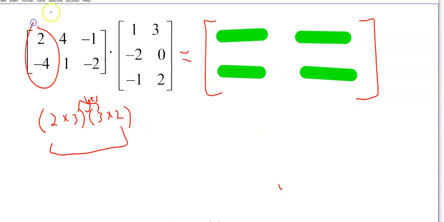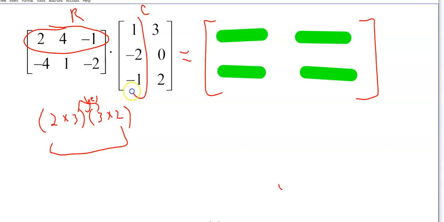Okay, so let's do this. You go row times column. So first item of the row times first. So 2 times 1 is 2. 4 times -2 is -8. And then -1 times -1 is +1. So that first item in the top left will be -6 plus 1, which is -5, I believe. And then we go to this one.